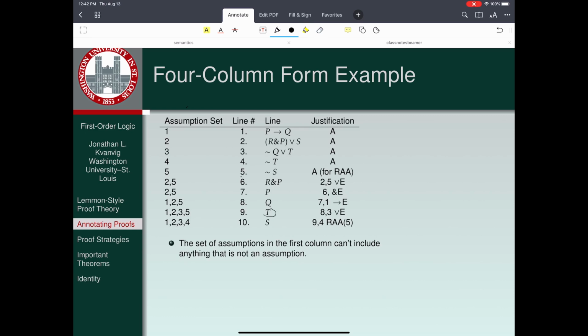So line 4 tells us that T is false. Line 9 tells us that T is true. And so I use those 2 lines, lines 9 and 4, the T and the not T. I use RAA as the rule that justifies discharging an assumption.